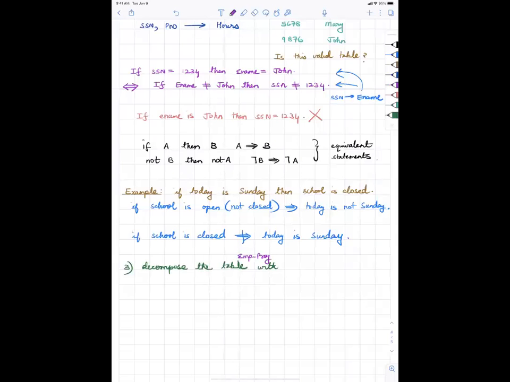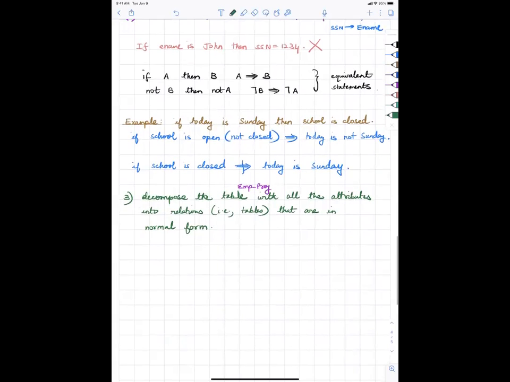You decompose the table with all the attributes into relations or tables that are in normal form.